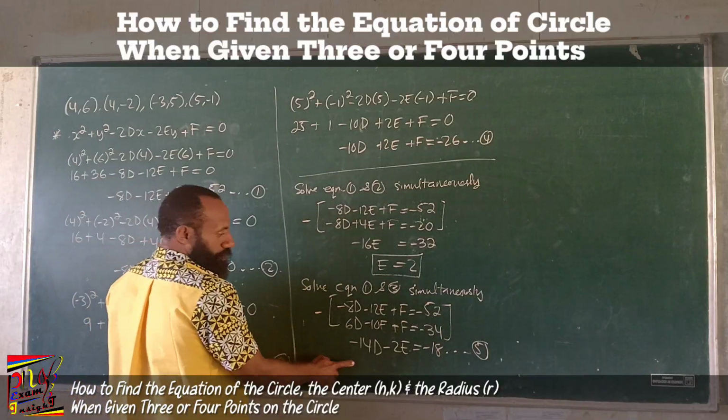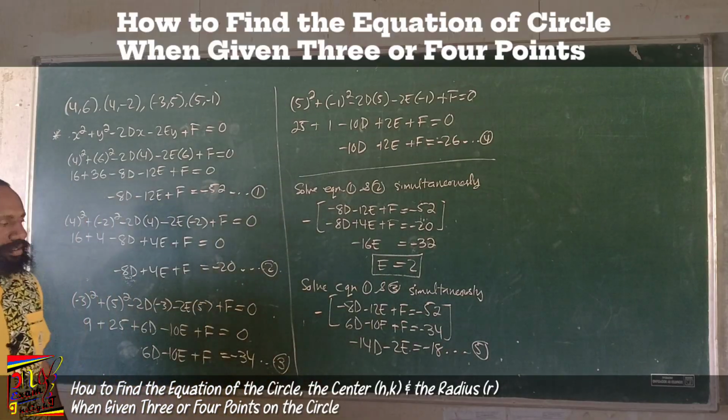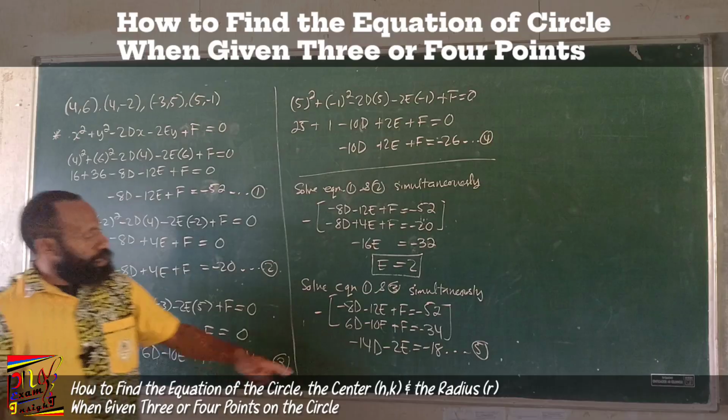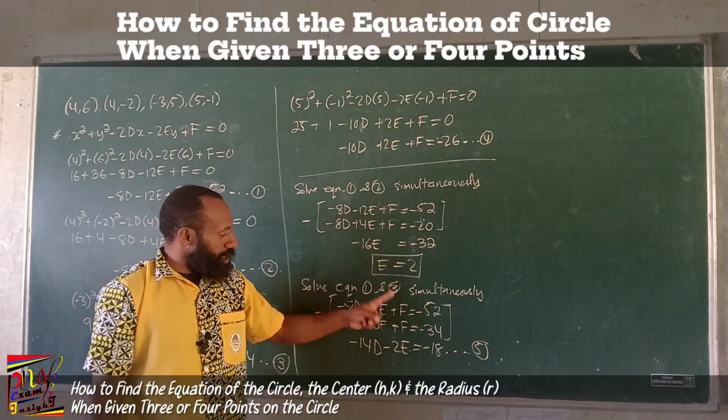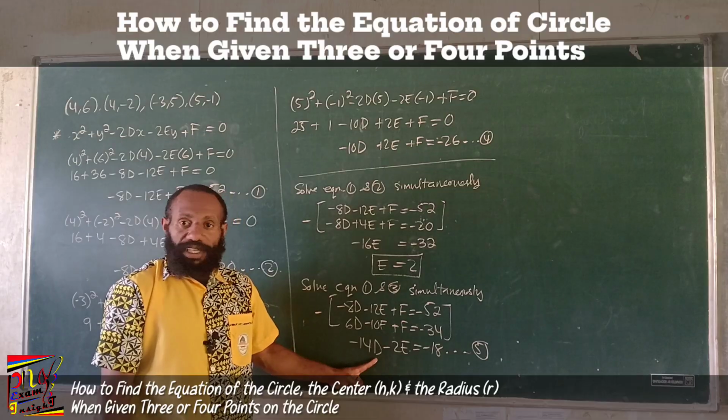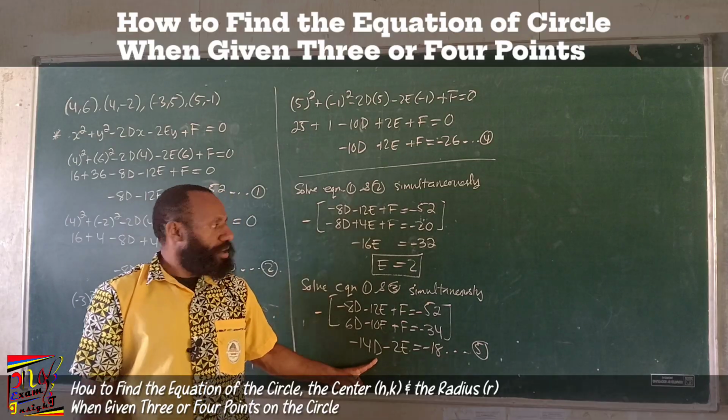So now we have equation 5. Look at it. We already have the E value. Can you see? So we can substitute the E value into equation 5 to solve for D. Yes. Alright.